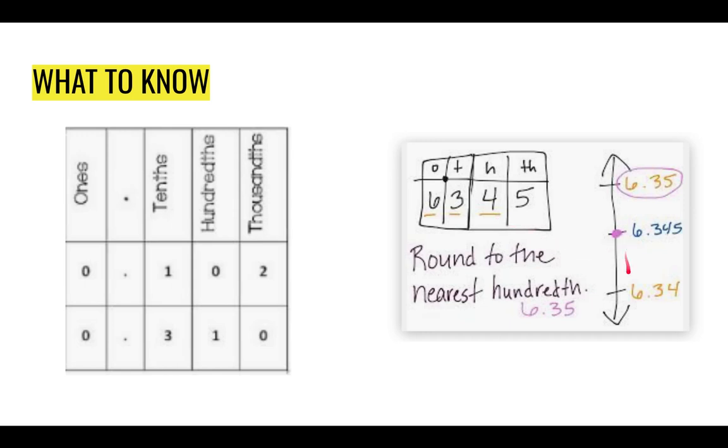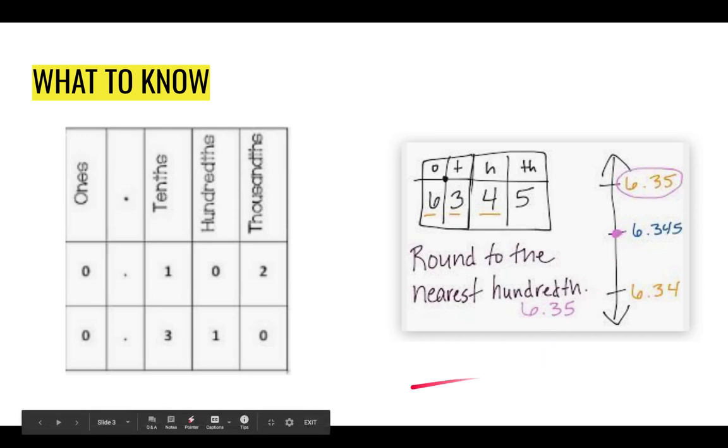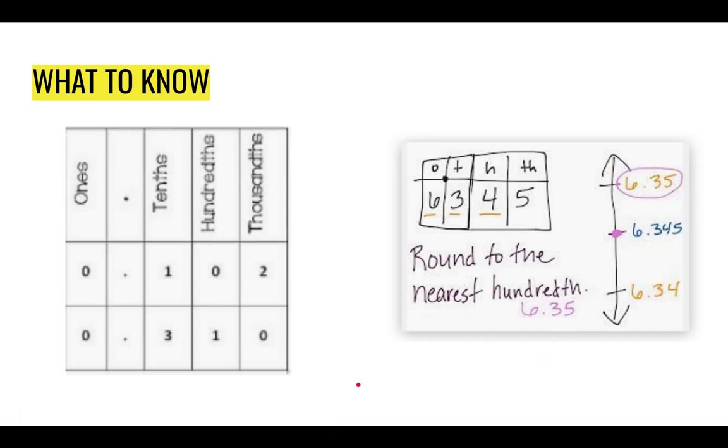So they wrote 6 and 34 hundredths and 6 and 35 hundredths. So in between those two numbers, they knew that it was 6 and 345 thousandths. So they knew that this number was closer to 6 and 35 hundredths. Excellent. So these are two ways that you can show your work today as you're working along.